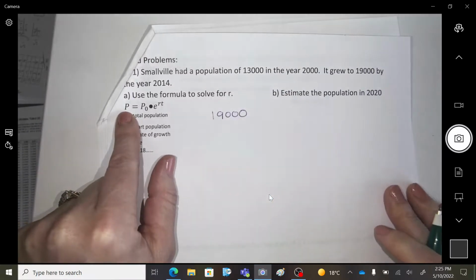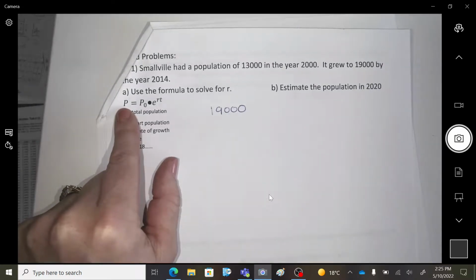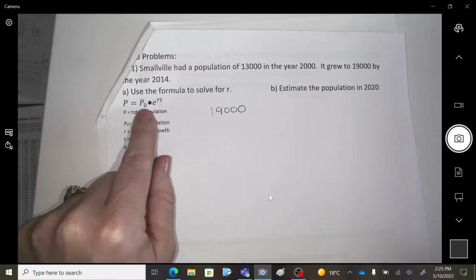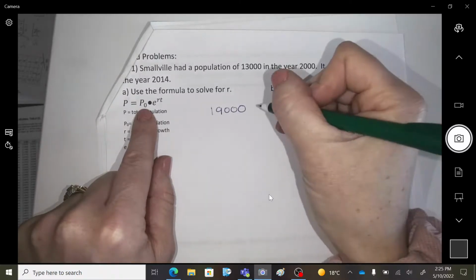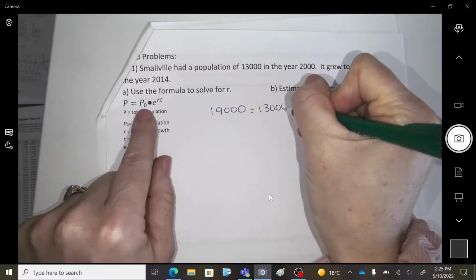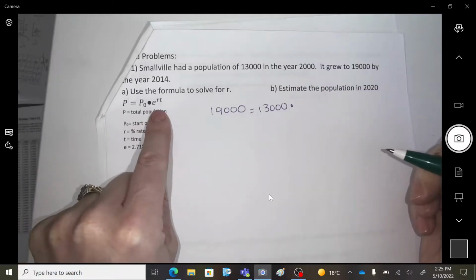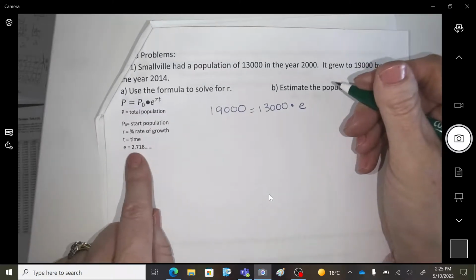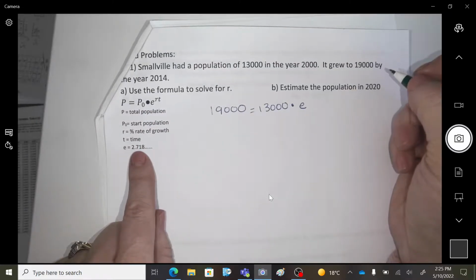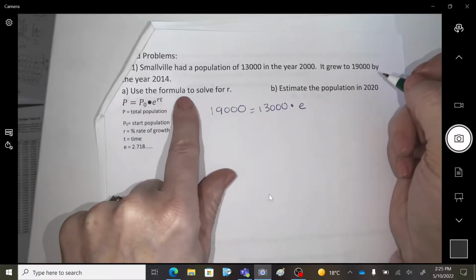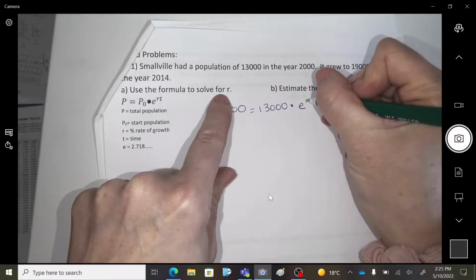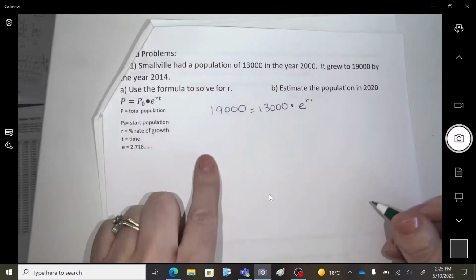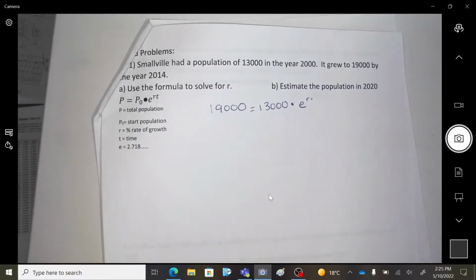So 19,000 equals P0, the starting population, times E to the R, the rate of growth, which I don't know because I have to solve for it, times the time. How much time has gone by? 14 years.